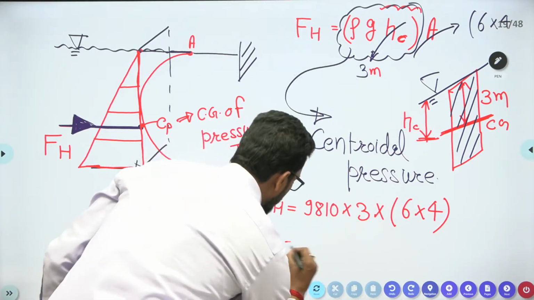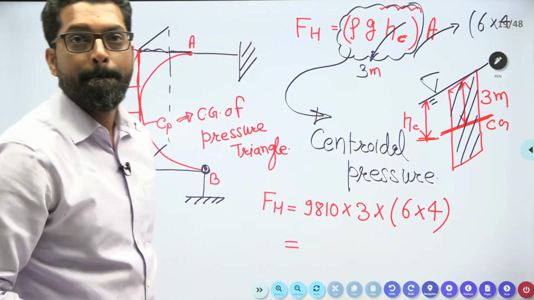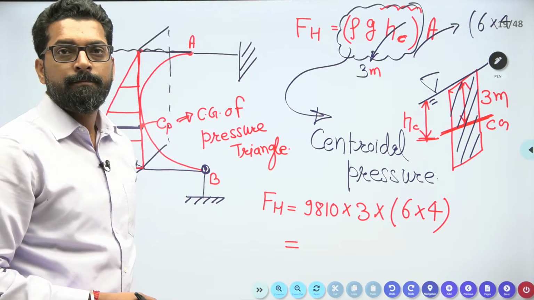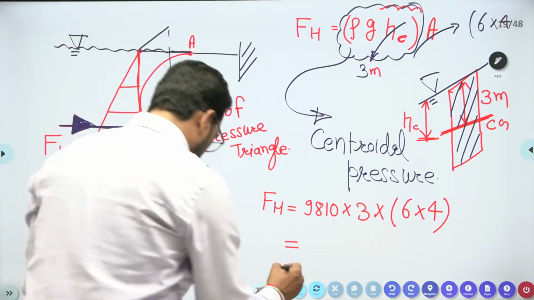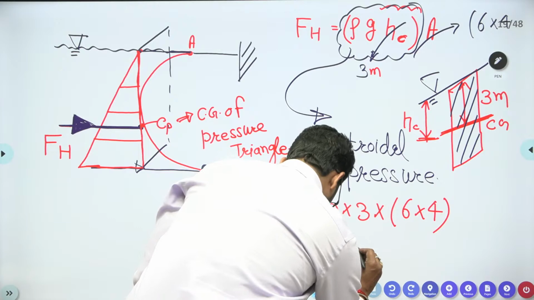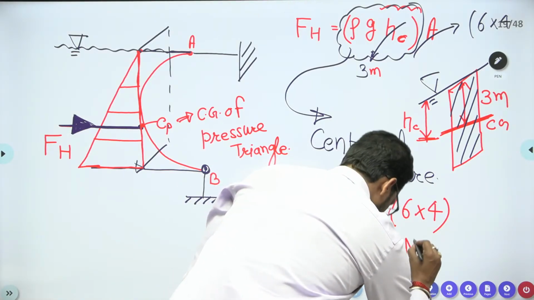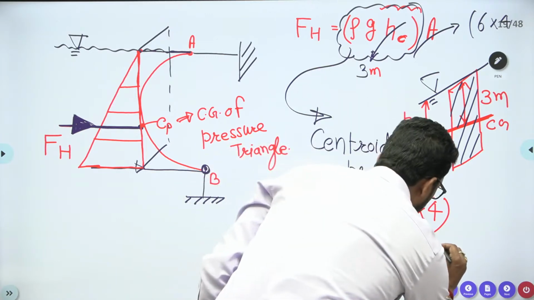How much is it? Just calculate. It is 706.32 kilonewton. Right? और ये कहाँ लगेगा बेटा?